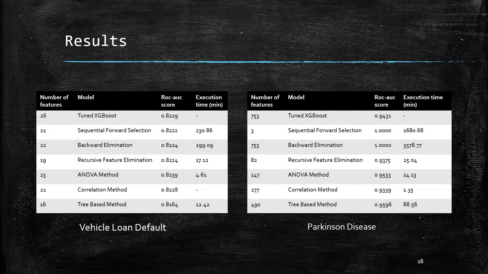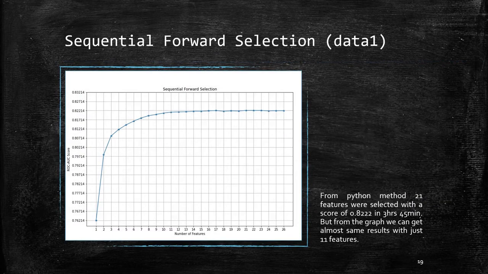This is our result. So comparing these two tables, we can see that in both the datasets, recursive feature elimination was best when compared with other methods, because it provided a balance of good ROC AUC score along with the least number of features and also the execution time.